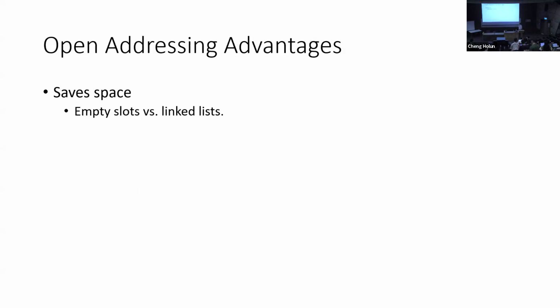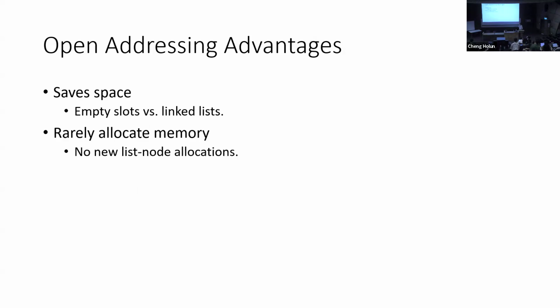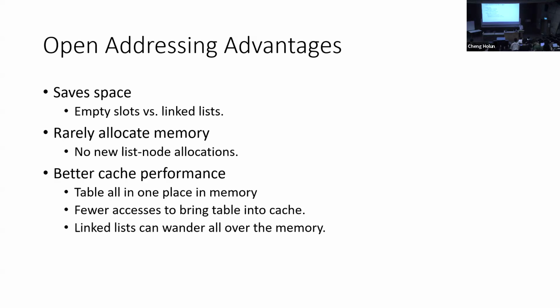For open addressing, the advantage is you save space. You don't need to use linked lists. You don't need to reallocate memory unless you're doing the resizing we'll talk about next week. Also, a good thing is better caching performance.